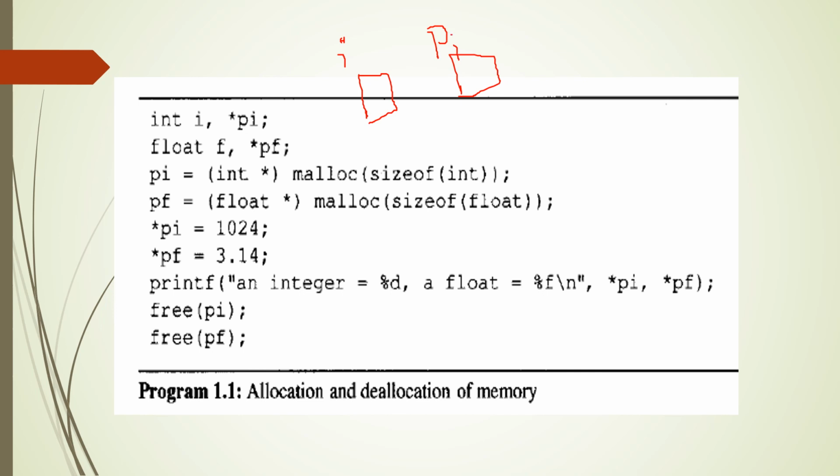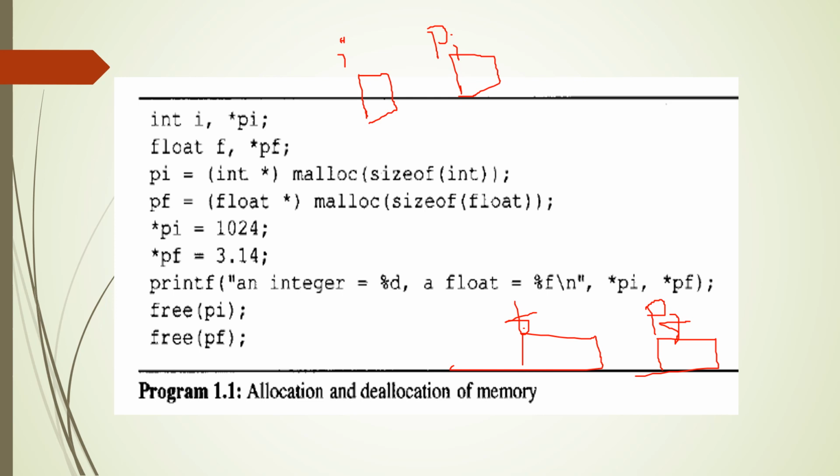Now when the second statement is executed, float f, star pf, two more blocks are created with the names f and pf. So here f is an ordinary variable and pf is a pointer variable.